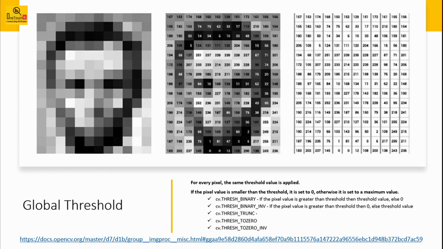So here we have various types of thresholding to understand the object, with various thresholding techniques like binary, binary inverse, truncate, to zero and to zero inverse. So let's go through one by one.